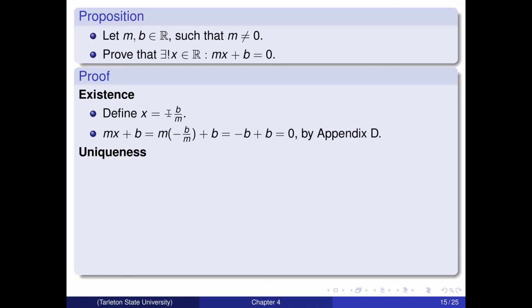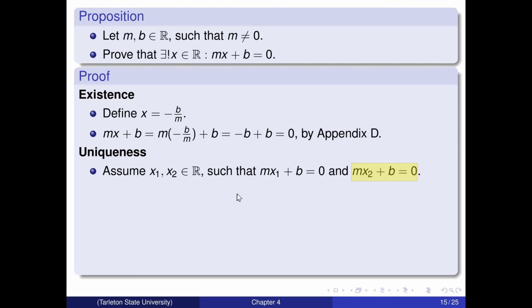Again, our proof template for uniqueness is to assume that x1 and x2 are 2 real numbers that both satisfy this condition. So x1 satisfies the condition that mx1 plus b is 0, and x2 satisfies the condition that mx2 plus b is 0. Let's see if we can deduce that x1 is equal to x2. That's our goal. So we will simply set these equal to each other.